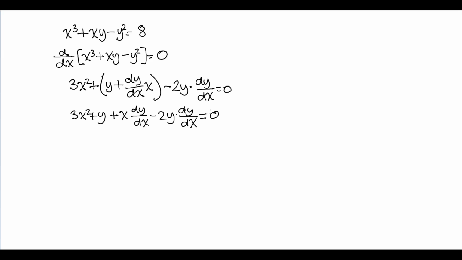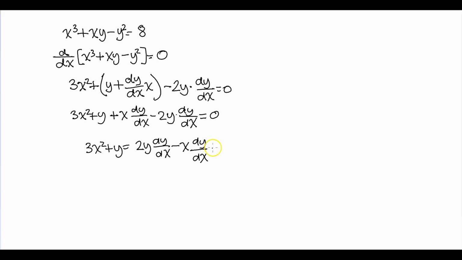Or on the left, it's a preference. Okay? So we have 3x squared plus y equals 2y dy dx minus x dy dx. And what you can do, you can literally factor dy dx out.